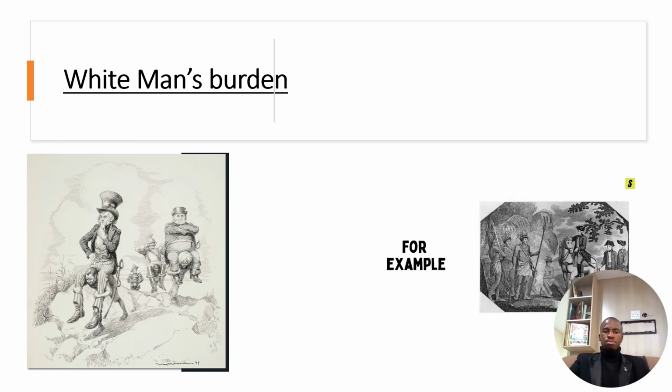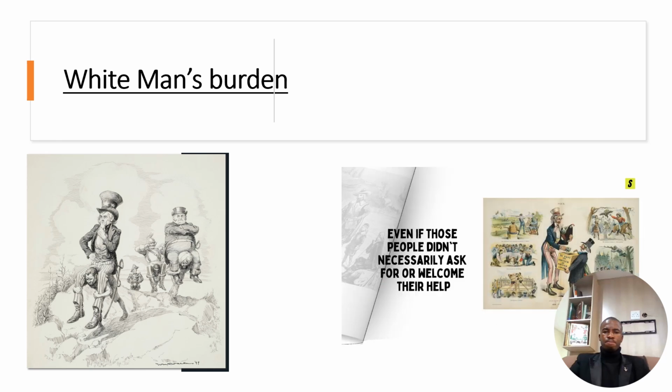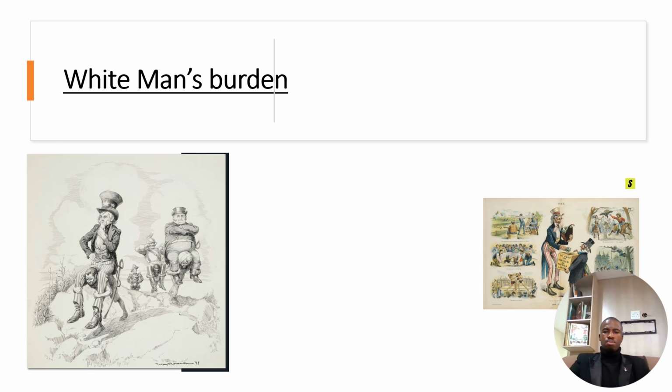For example, when European powers colonized countries in Africa and Asia, they often justified their actions by claiming they were helping to bring modernity, technology, and religion to societies they viewed as less developed. This was seen as a responsibility they had to fulfill for the benefit of those they colonized, even if those people didn't necessarily ask for or welcome their help.